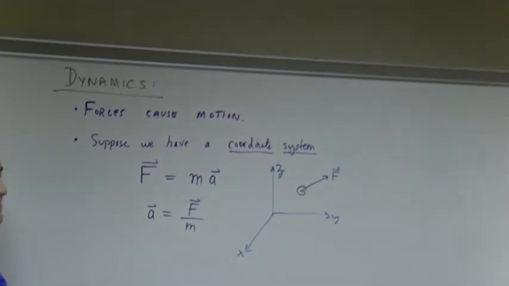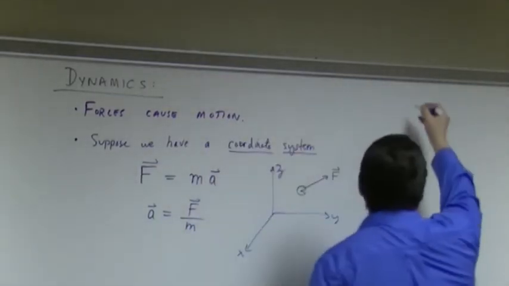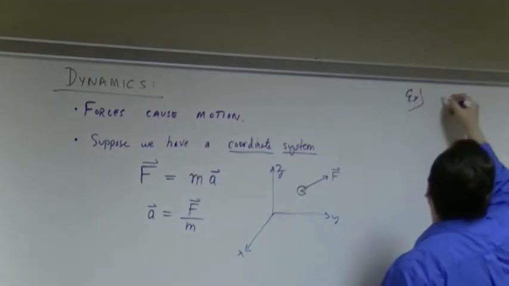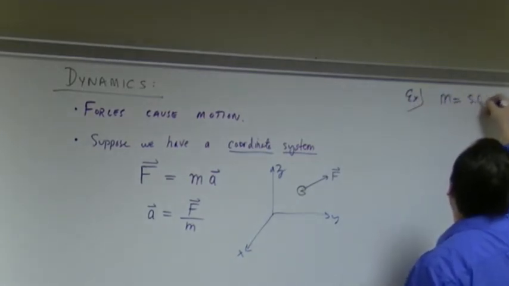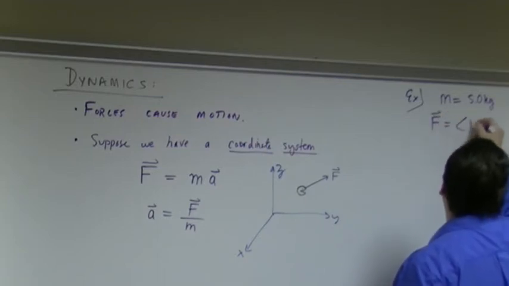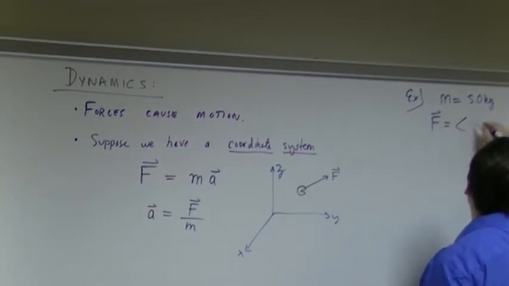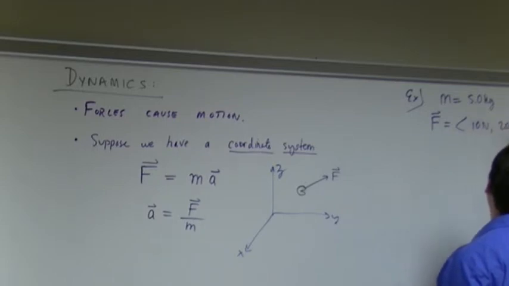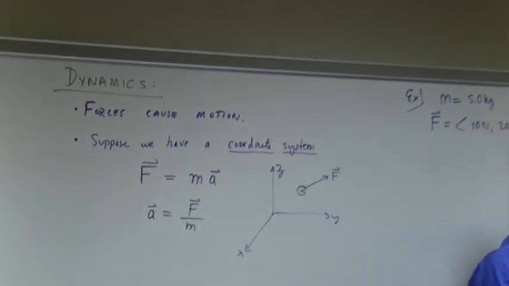So basically here's a story. If I tell you your mass is 10 kilograms, and I tell you a force of 100 newtons is applied, you can tell me the acceleration, right? So for example, you have a mass of 5.0 kilograms, and you have a force of, let's say, 10 newtons, 20 newtons, 30 newtons.